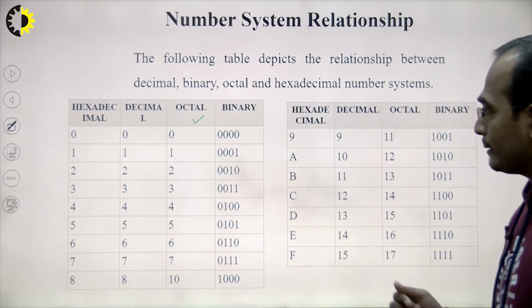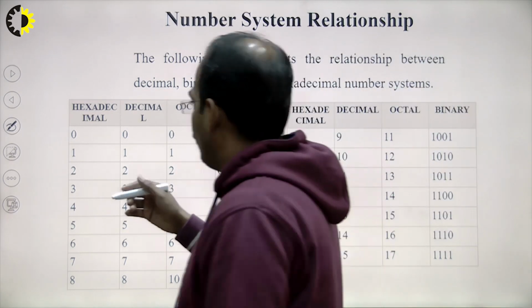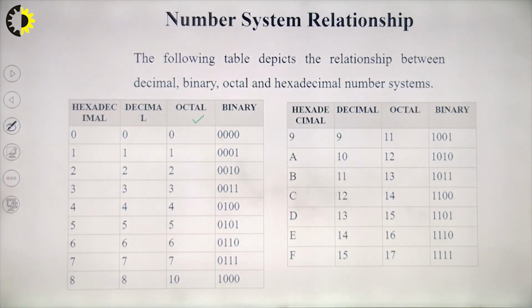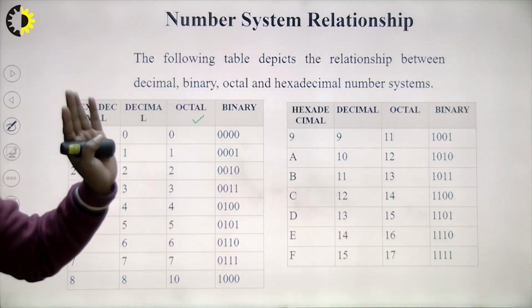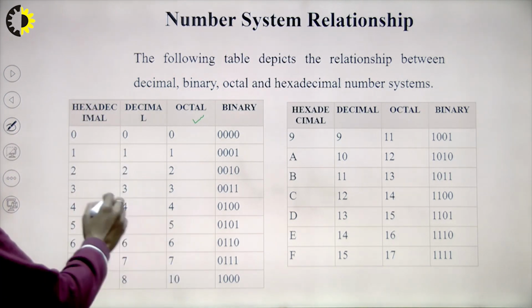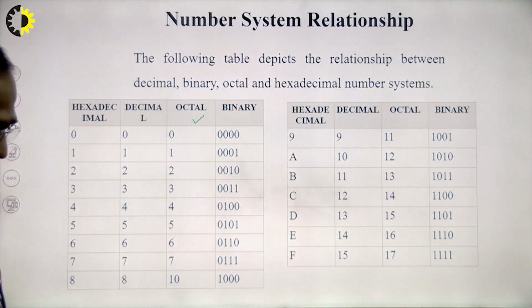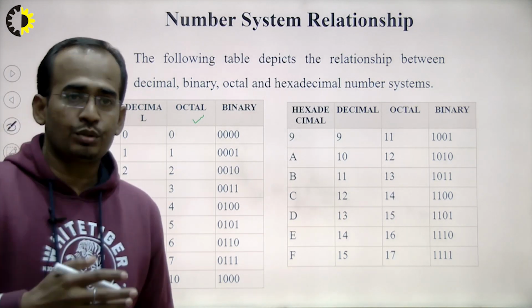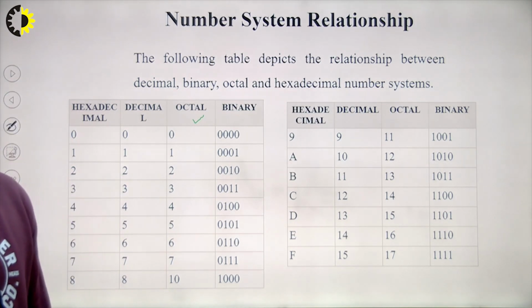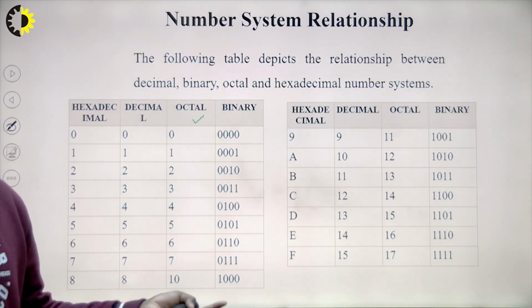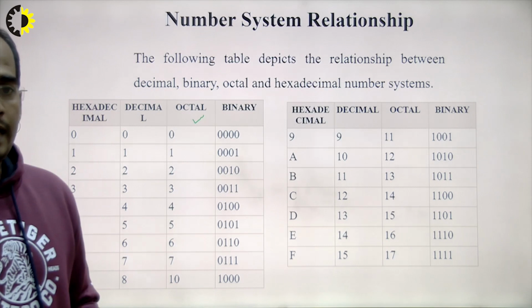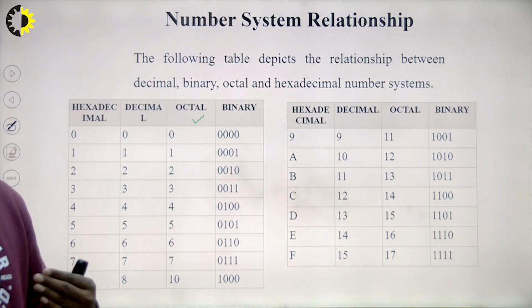I will discuss this. First I will see the binary equivalents of hexadecimal, decimal and octal numbers. The hexadecimal, decimal and octal are the same from 0 to 7, and after that it will start changing.